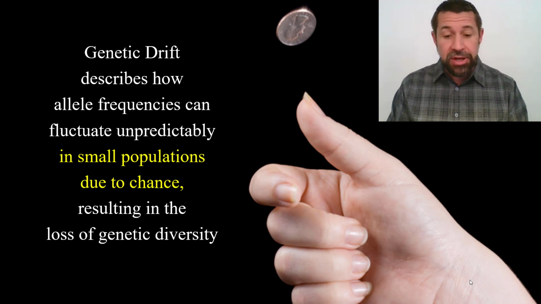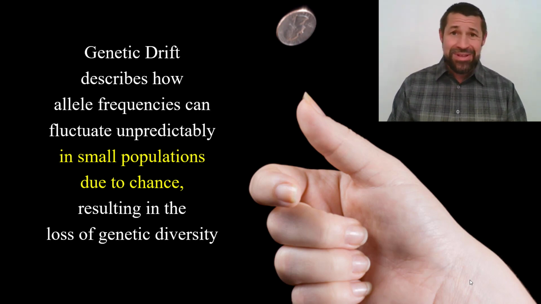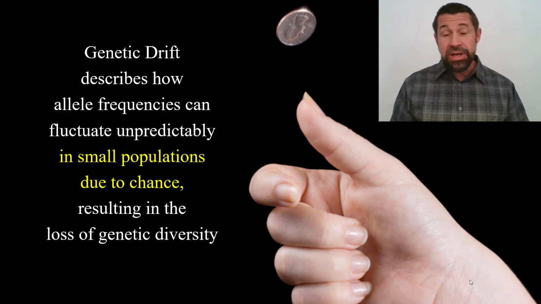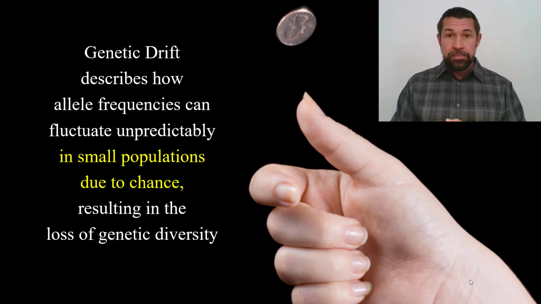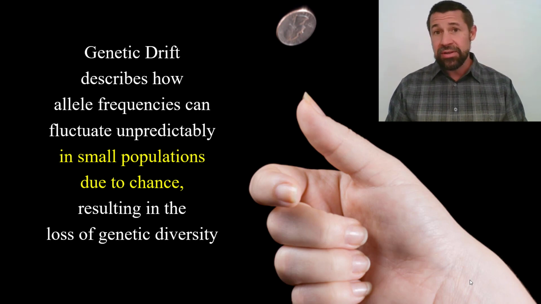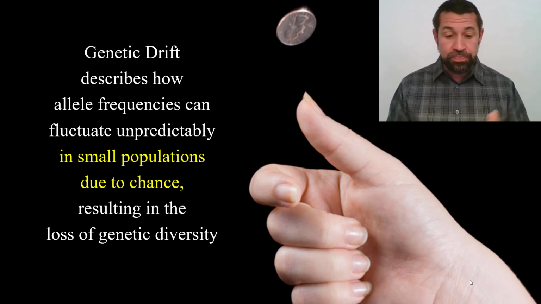Consider a coin flip. If I flip a coin 10 times, it would not be that improbable if I got 7 heads and 3 tails, even though we all know that a coin has a 50-50 probability and we would predict 5 heads and 5 tails. If you have just a sample size of 10 flips, a small sample size, it's not that unlikely to deviate from our predicted 50-50 outcome just by chance alone.